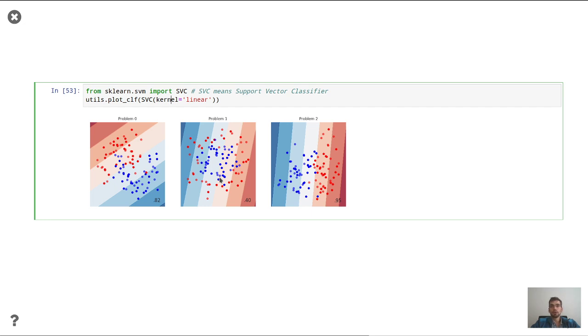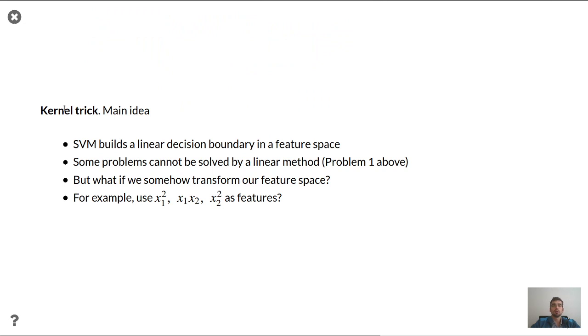A different one, which is a different view on the same concept of how to create a nonlinear model, is similar to our previous experience with polynomials. We cannot build a linear solution in this feature space using these two features.